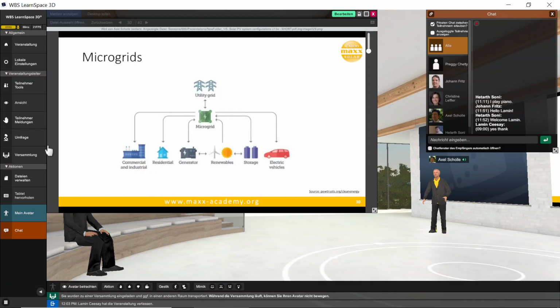system, where you've got the grid, you've got some controller here that will basically say, well, I can cut off here. We've got our solar and wind, for example. We've got a generator. We've got residences, commercial and industrial, and we've got battery storage and EVs.